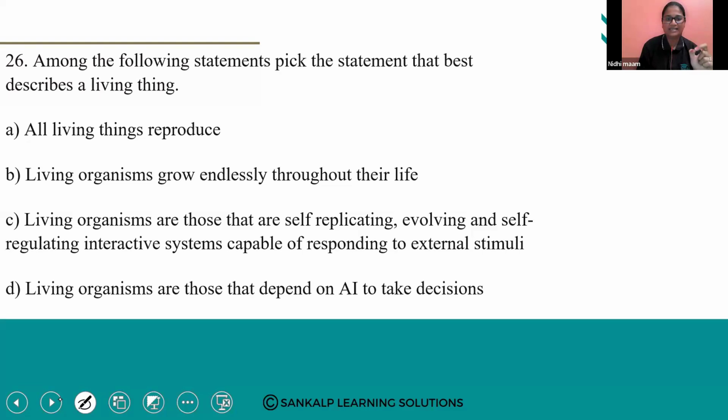Living organisms are self-replicating, evolving, self-regulating, interactive systems capable of responding to external stimuli. That means, what does it do to an external stimulus? It responds. Living organisms are those that depend on AI, that is artificial intelligence, to take decisions. Which is a right description?